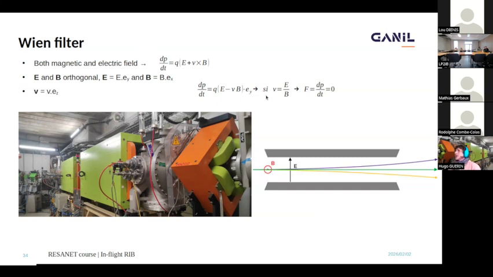If the speed of your ion has the right value, E over B, your ion will not be deflected by this electromagnetic force. That's why it can be used. If your ion has the right velocity, it will not be deflected. That's why it's also called a velocity filter.